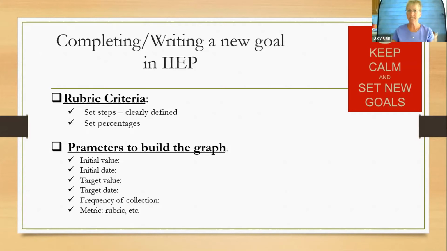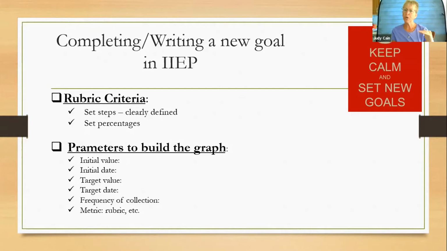And depending on what it is that you're defining, just make some steps to see that a student can clearly progress up that. And oftentimes it's set with percentages or 1 out of, 2 out of, or whatever. And then when you build that graph, if you're doing the 1 point, it will set a graph for you.